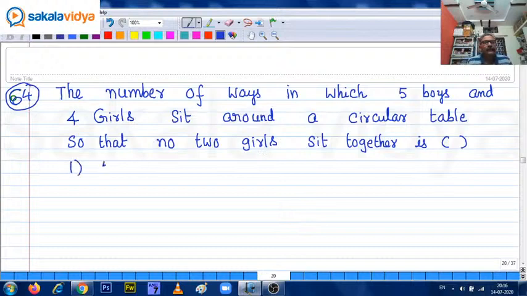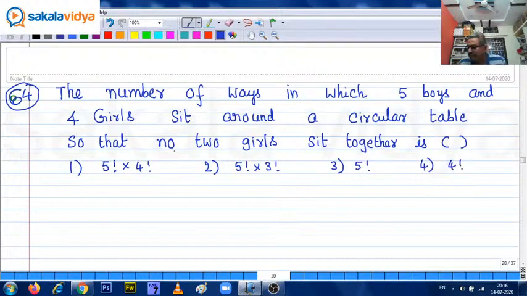First one, 5 factorial times 4 factorial. Second one, 5 factorial times 3 factorial. Third, 5 factorial. Fourth, 4 factorial. So now this question is related to circular permutations.